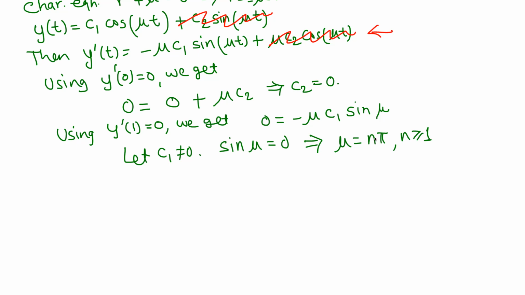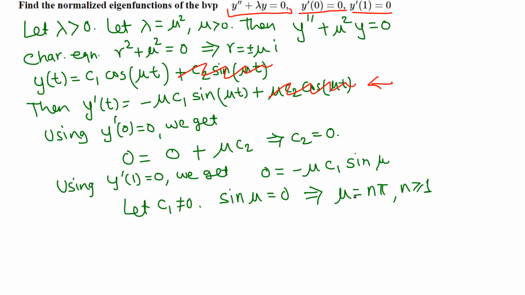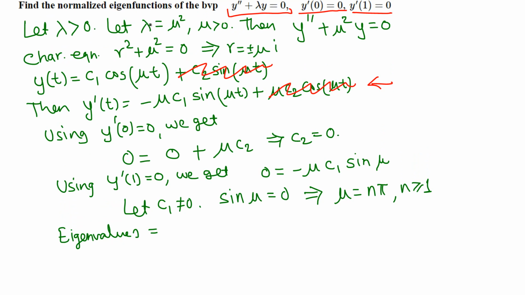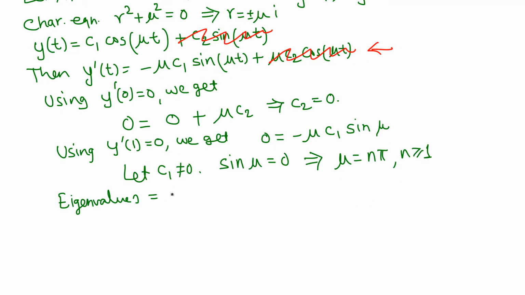Okay, sine mu is 0 when mu is 0 as well, but mu is positive in our case, so just 1 pi, 2 pi, 3 pi, etc. Okay, so we got lambda positive be an eigenvalue, but we got infinitely many, and lambda is in fact mu squared, so we can write down the eigenvalues in this case: positive lambda, and lambda is mu squared, mu is n pi, so lambda equals n squared pi squared, where n is 1, 2, 3, etc.